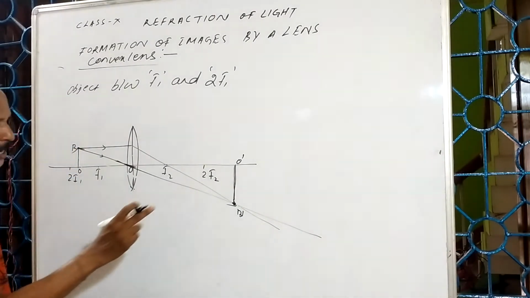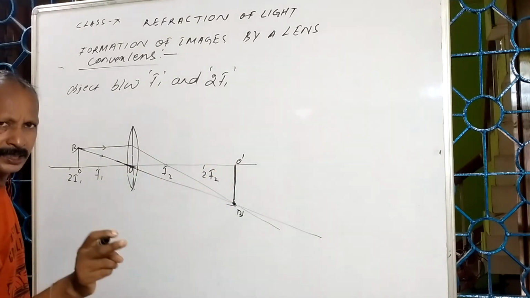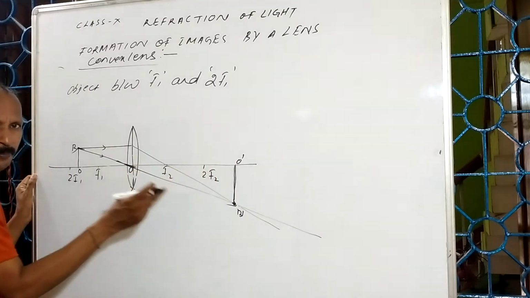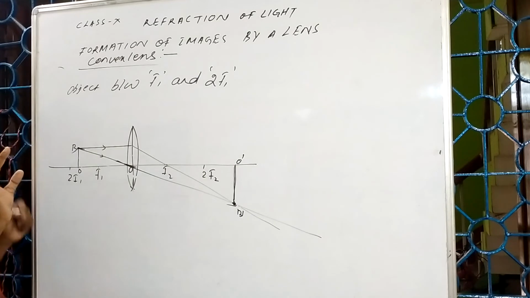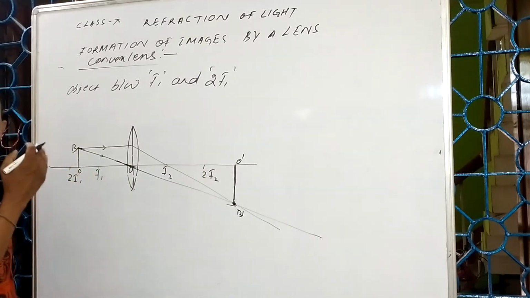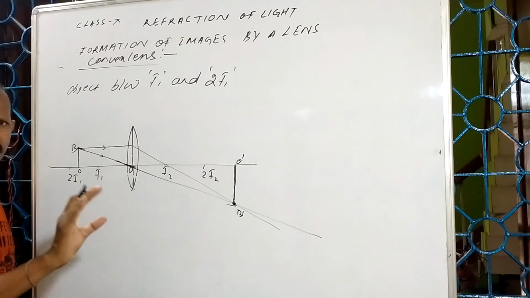Every point on O dash B dash is the image of the corresponding point on the object OB. From OB, an infinite number of rays are going, but it is not possible to draw all these rays.